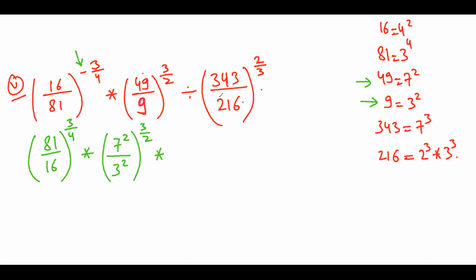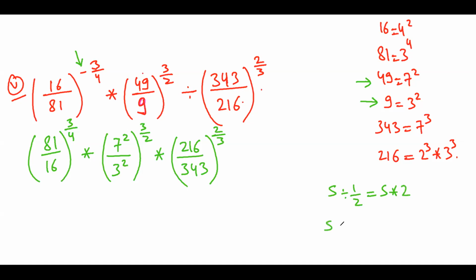Consequently, this number will become its reciprocal, raised to power 2 by 3. I hope you get this logic. Say for example 5 divided by half. If I write multiply, I'll have to take a reciprocal of this number.